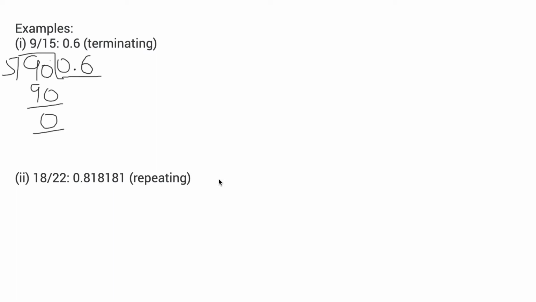In our second example, which is 18 by 22, we divide 18 by 22. So 22 cannot divide 18. Then we first put 0 and a decimal. With this we get 0. Now with 22, 8 times is 176. Remainder 4.